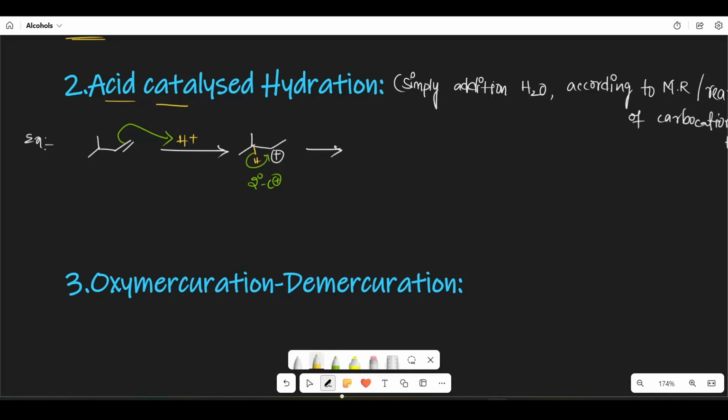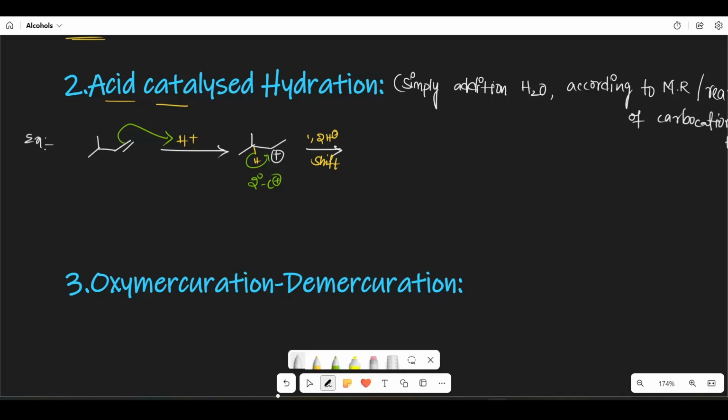This is a 1,2 hydride shift. Here there are methyl groups and hydrogen also. If you compare the migratory activity of hydrogen and methyl group, hydrogen has the higher migratory activity, so hydrogen will migrate first rather than the methyl.